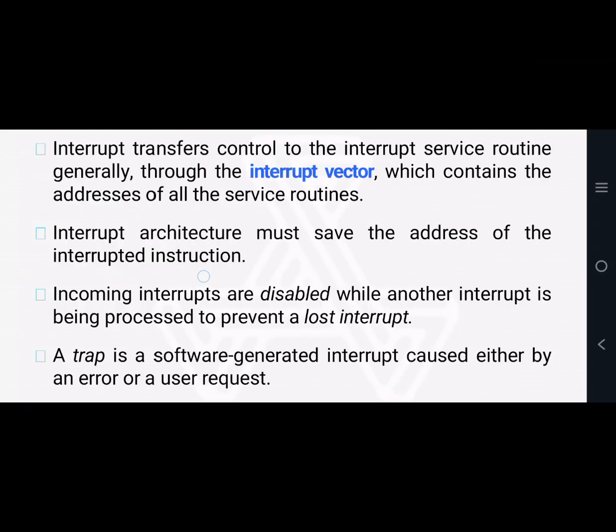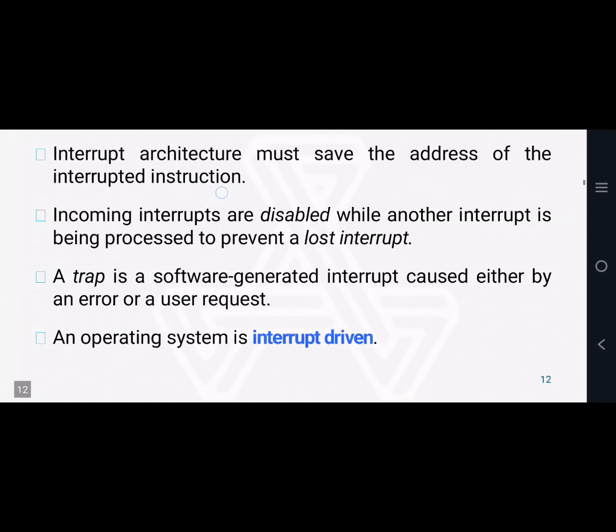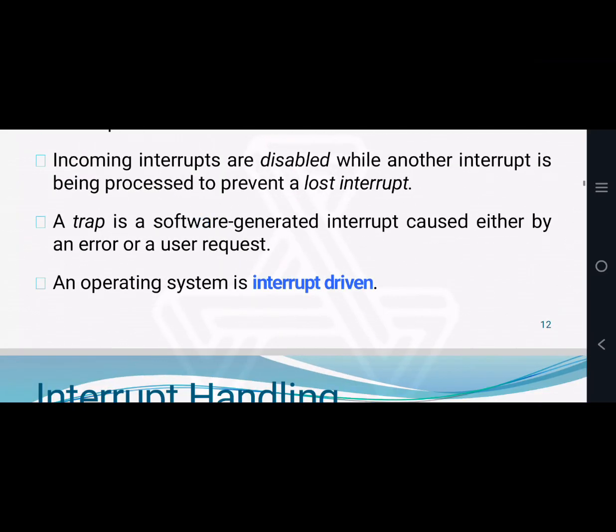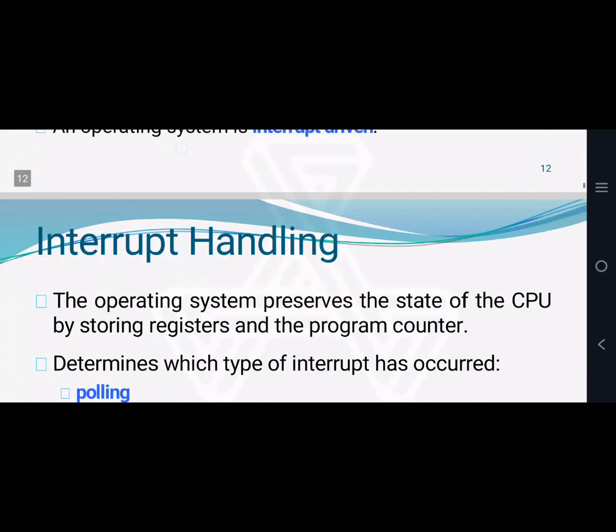Incoming interrupts are disabled while another interrupt is being processed to prevent a loss of interrupt. A trap is a software-generated interrupt caused either by an error or a user request. An operating system is interrupt driven.